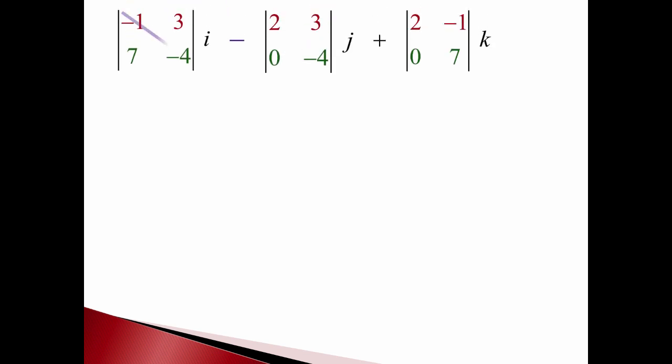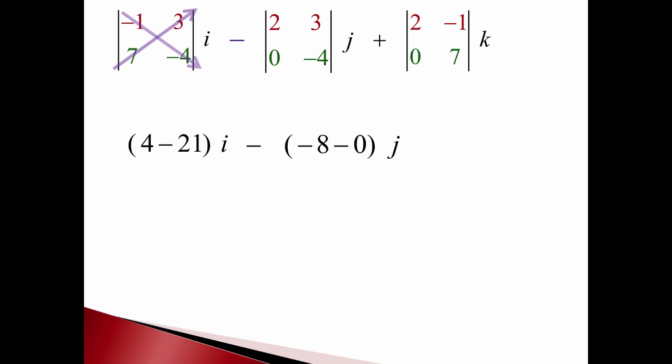Okay? So, let's erase all the pictures and go back to just doing numbers. So I would have -1 times -4 minus 7 times 3. And that gets multiplied by i. Then I do the determinant for the j. So that will be 2 times -4 minus 3 times 0. Okay?